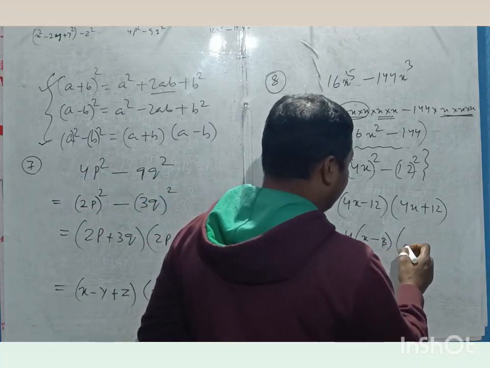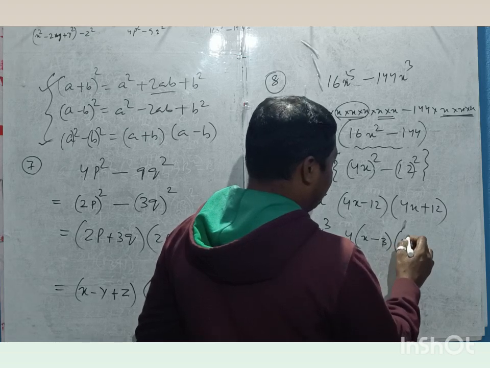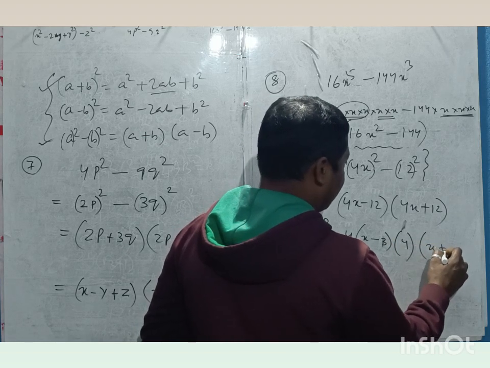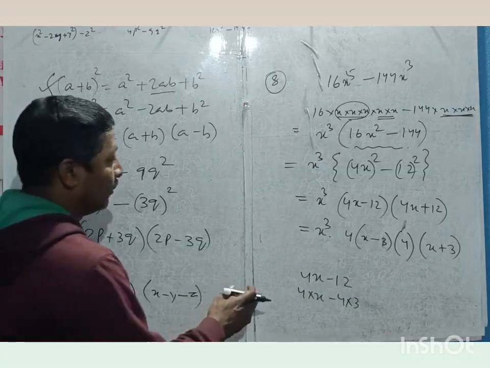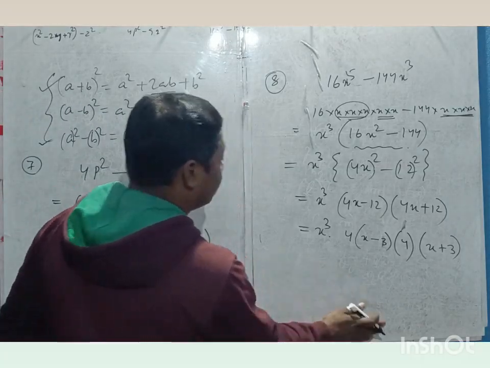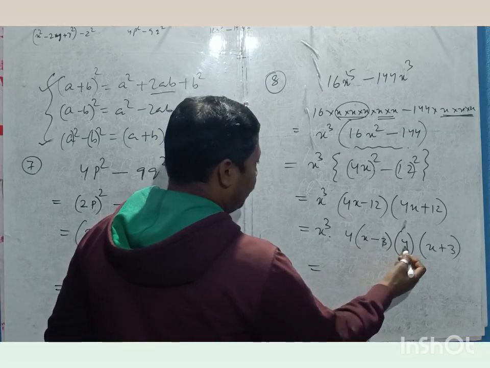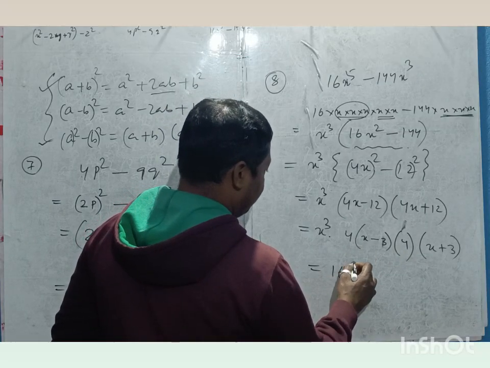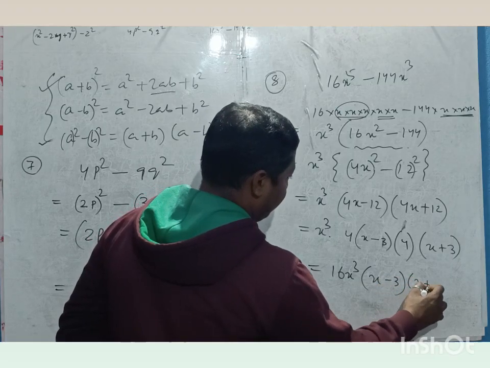Could you follow this one? Similarly, here I can write 4 into x plus 3. So 4 into 4, 16x^3 into x minus 3 into x plus 3.